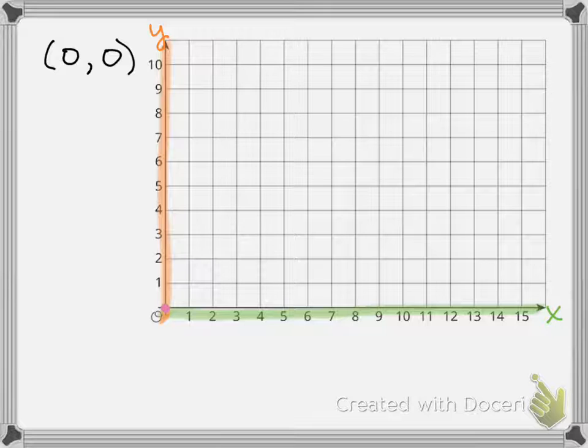And that is a very special point called the origin. It's at (0, 0). So this is called the origin. If you see a math problem that refers to the origin or talks about the origin, you will know that it is the center of where the x-axis and the y-axis cross.